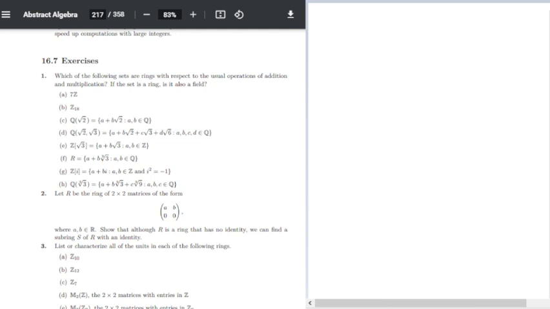Alright. Q adjoin square root of 2. Yeah, let's work through this. So a plus b root 2, c plus d root 2. Let me think about how to properly write this.